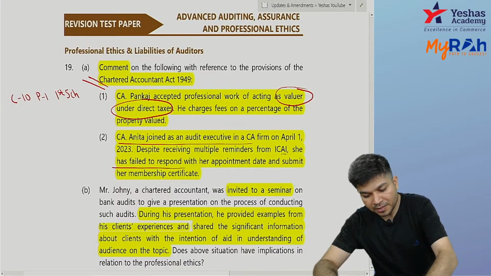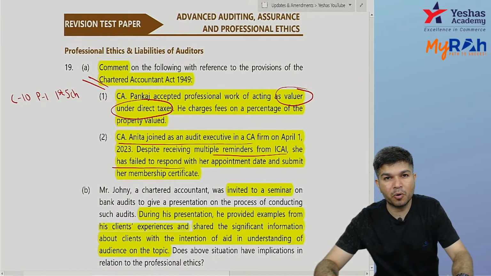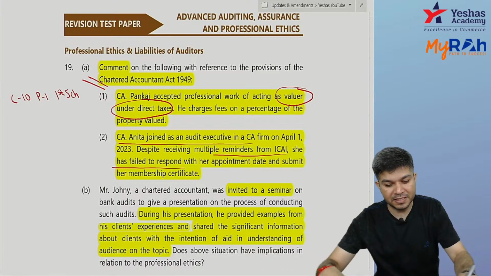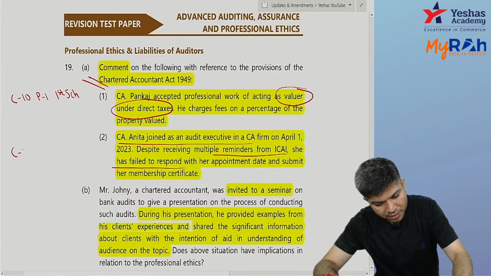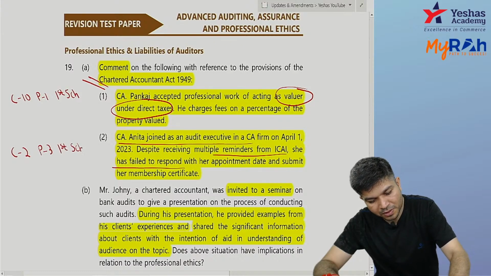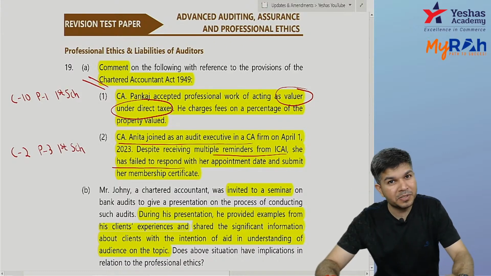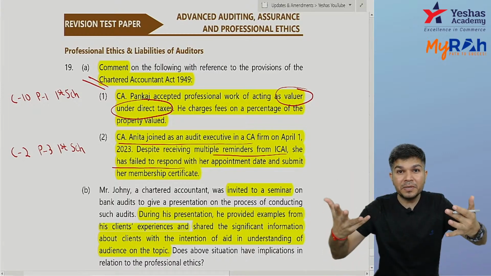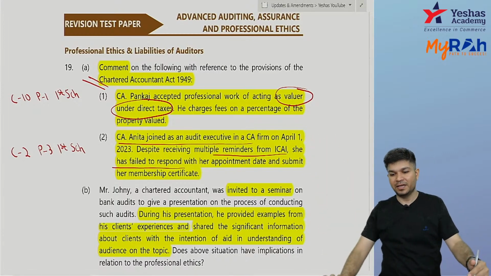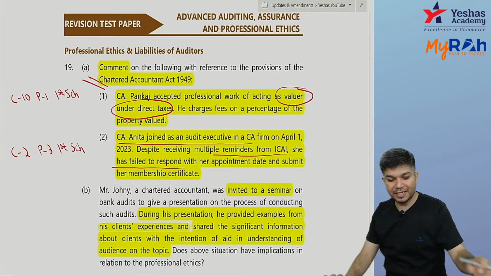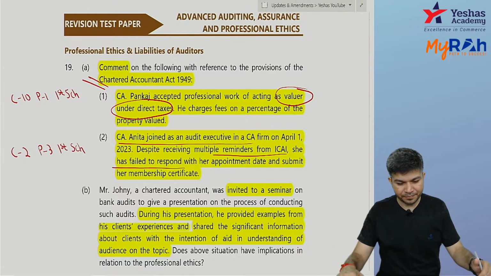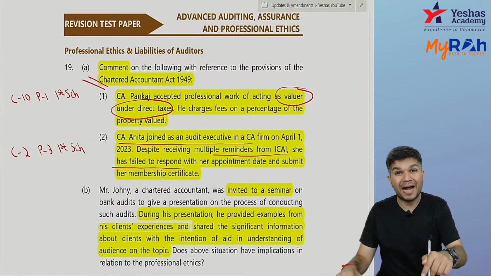Not providing the information asked by ICAI is clause 2, part 3, first schedule. Not providing information is here, while giving false information goes in the second schedule. This is not giving information. So clause 2, part 3, first schedule.